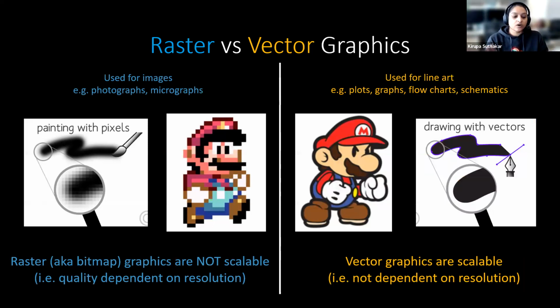The quality of your image is dependent on your resolution and size. On the other hand, vector graphics are scalable. So this is one of the reasons why doing things like flowcharts or schematics in vector makes so much more sense, because if you want to blow your schematic up for a poster, you can do that without losing quality.